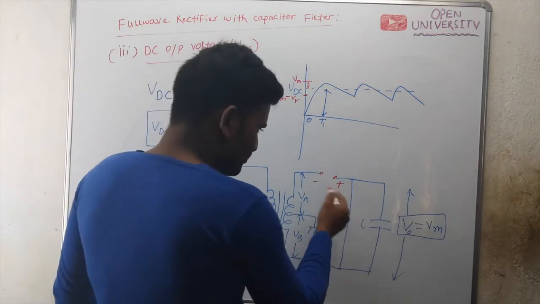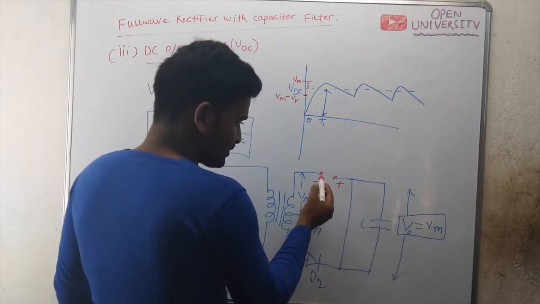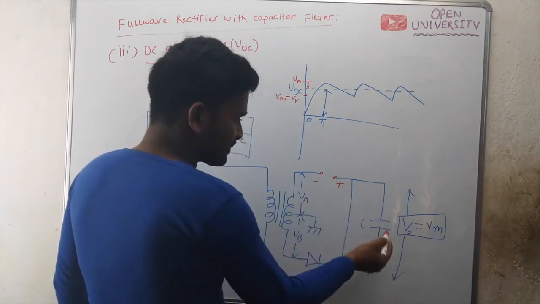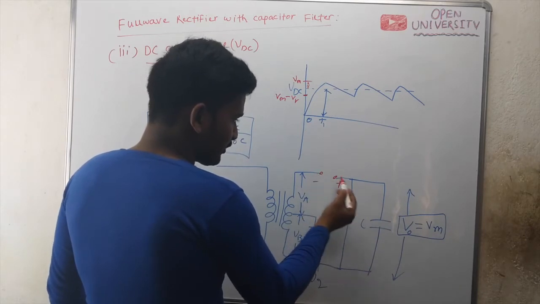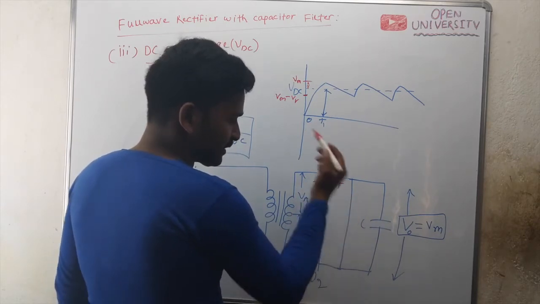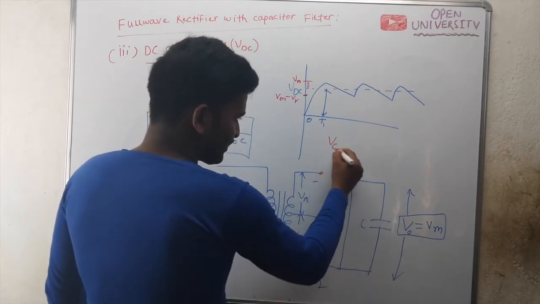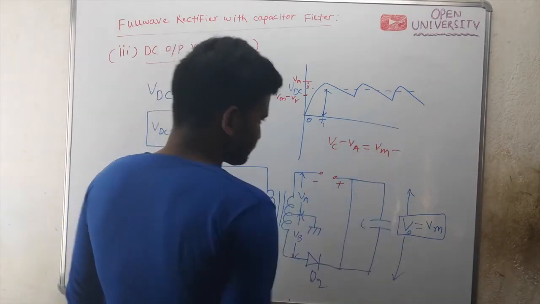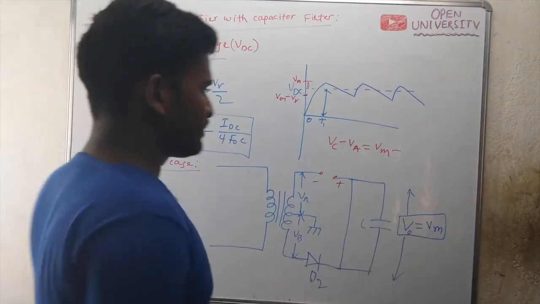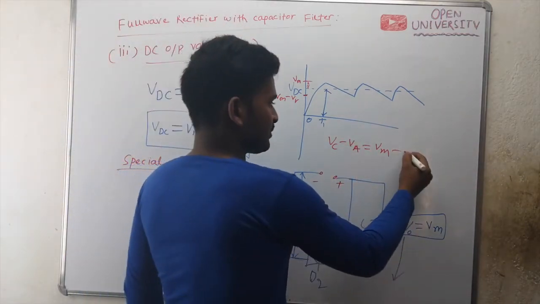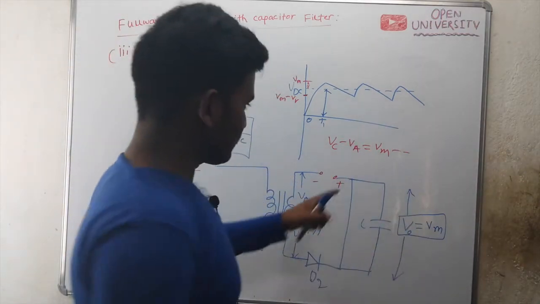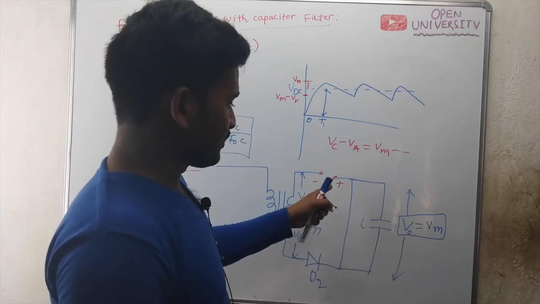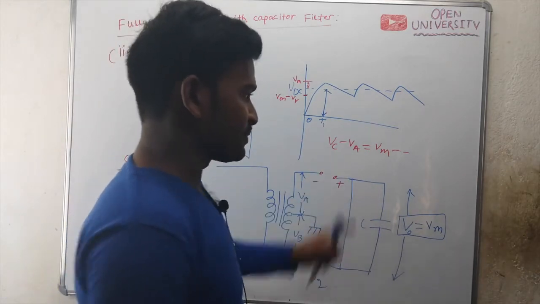What is the maximum voltage across this diode? That is VC minus VA. VC is Vm, and the maximum value of VA is when VA is minus Vm.